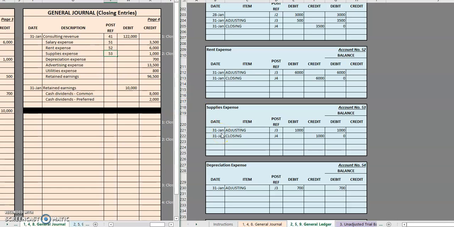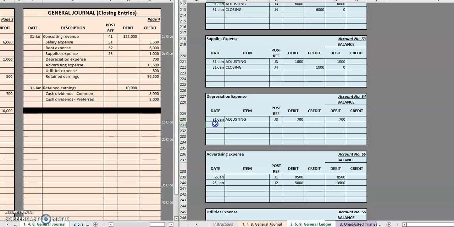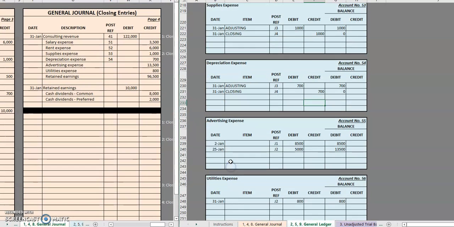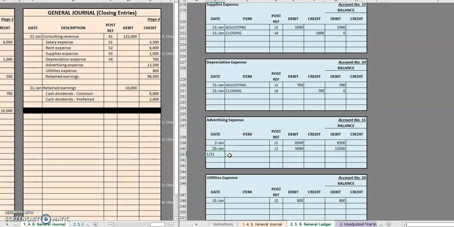Next is our depreciation expense. Closing, 4th page of the journal. We credited it for $700, which means that we have a 0 balance. Advertising expense.